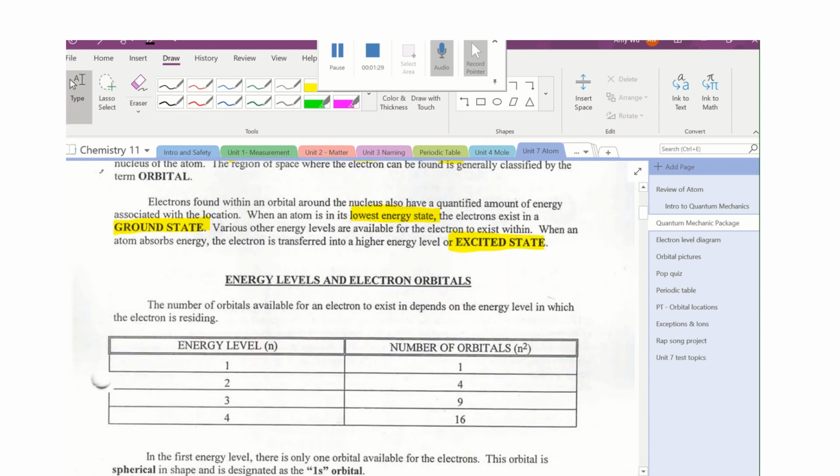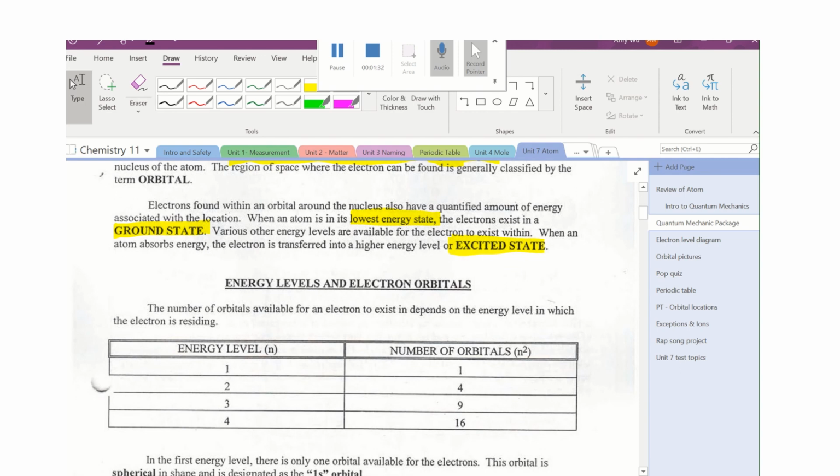So, quantum mechanics. Instead of thinking about rings going around the nucleus, which we used to call shells in Bohr's model, now we are going to call them energy levels. It's very similar to Bohr: we have the lowest energy level closest to the nucleus, and higher energy levels away from the nucleus.